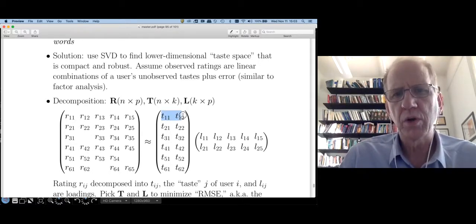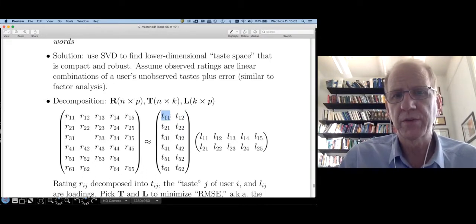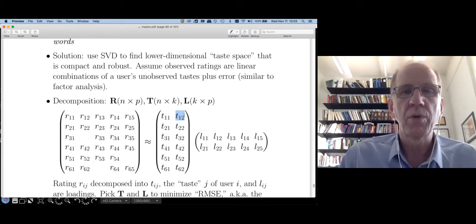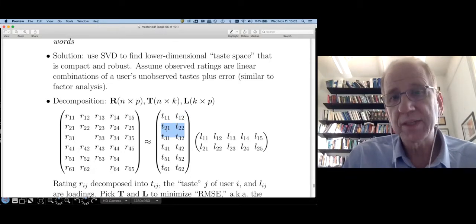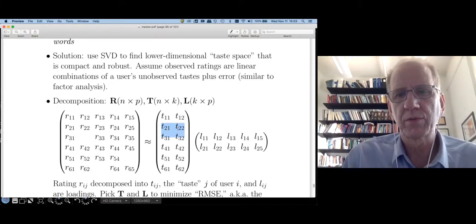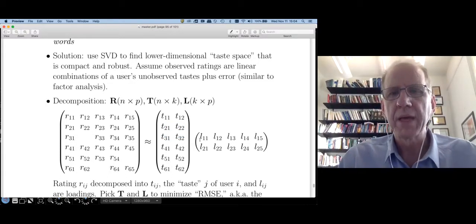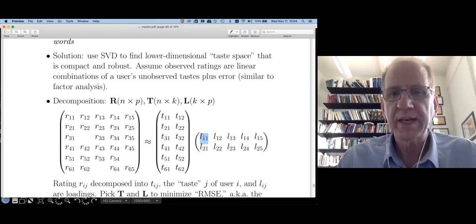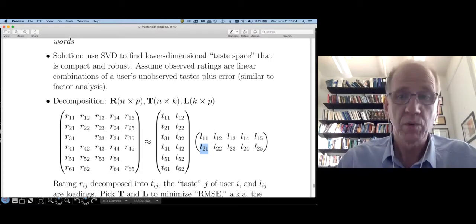This first row is going to say how much does my first user like comedies, so if the first column is comedy, versus romance. This is how much the first user likes romance. This is how much the second user likes comedy versus romance. Our interpretation of the loading vectors would be, this is the extent to which movie 1 is a comedy. This is the extent to which movie 1 is romance.